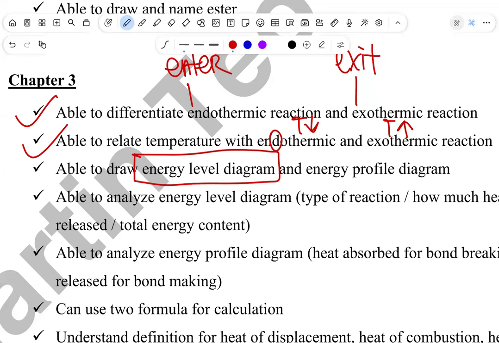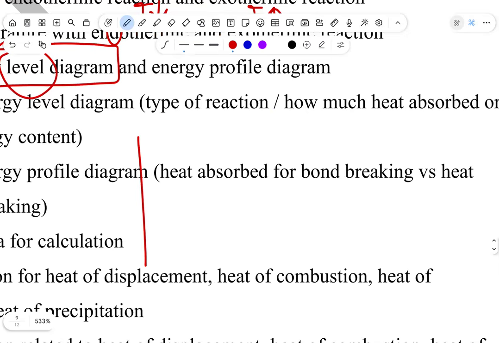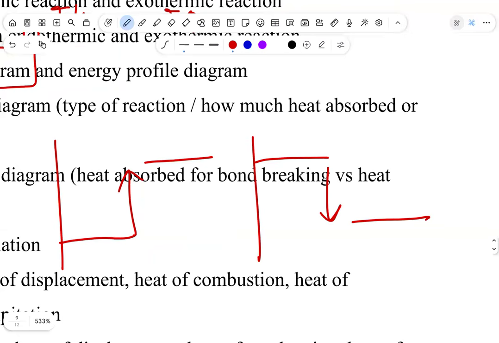One level, one level, one level, looks like what? Staircase, right? So energy level diagram is a staircase. Staircase going up, staircase going down, right? So when you have a staircase, that is an energy level diagram.